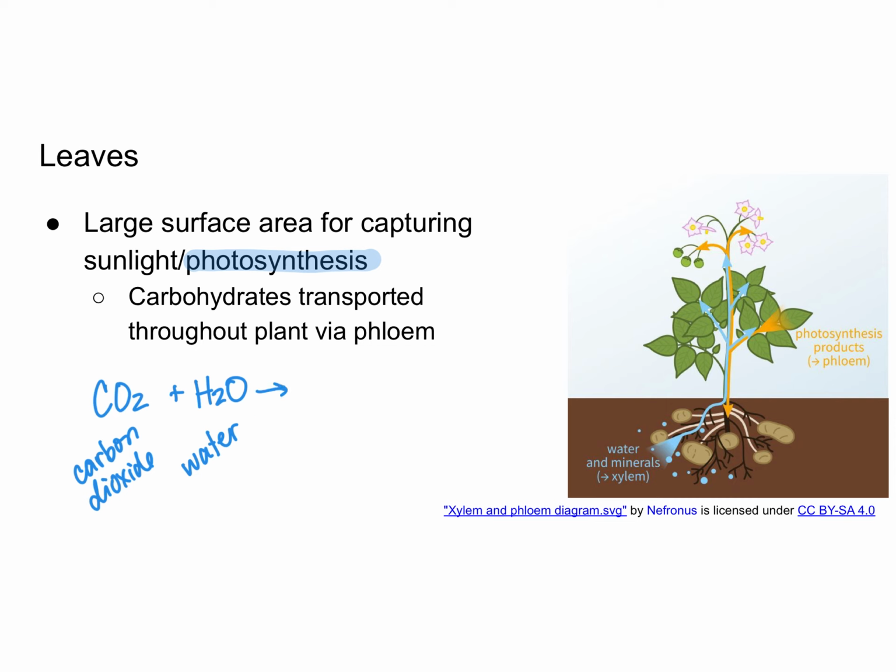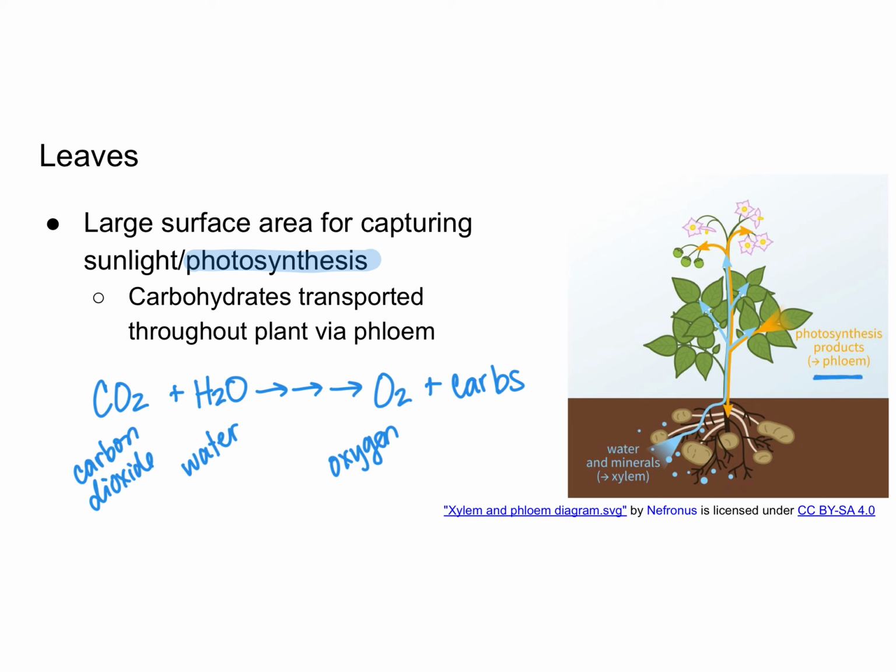And then there are actually a lot of intermediate reactions that occur, but ultimately it produces oxygen and carbohydrates. And those carbs are transported by the phloem.